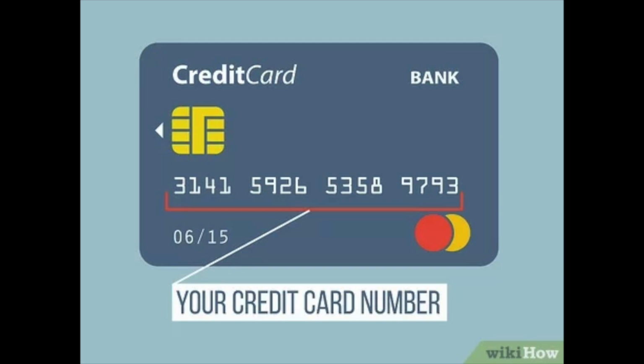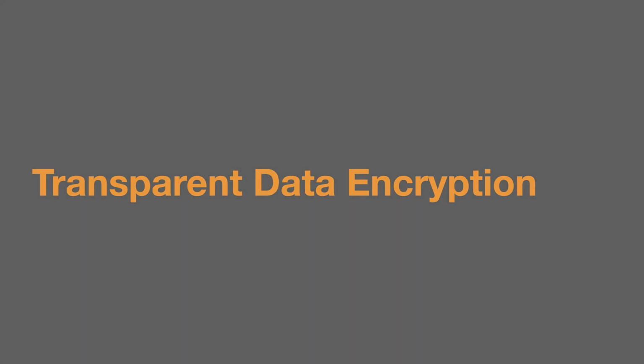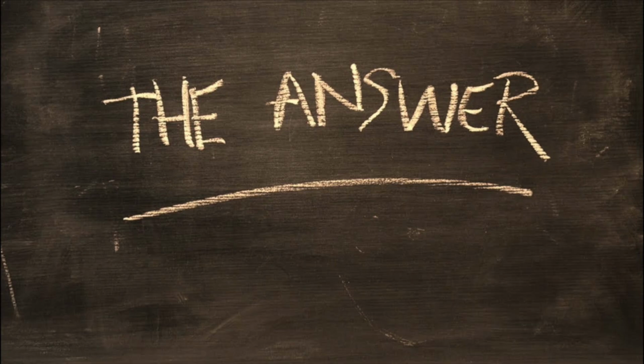Okay, so we have to make sure that any private information like credit card numbers or debit card numbers are not exposed. Would it be A, dynamic data masking, B, transparent data encryption, C, SSL?